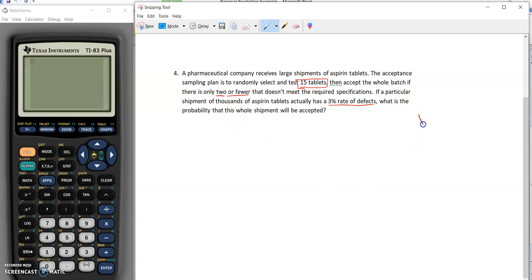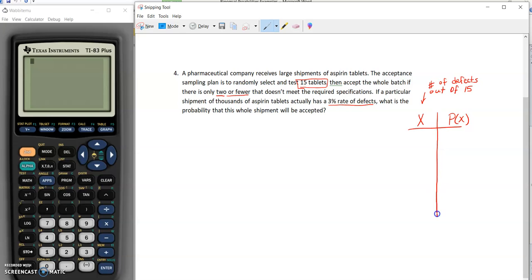So to kind of help visualize that, I always look at our table. In this case, we're talking about the number of defective tablets out of a sample of 15 tablets.